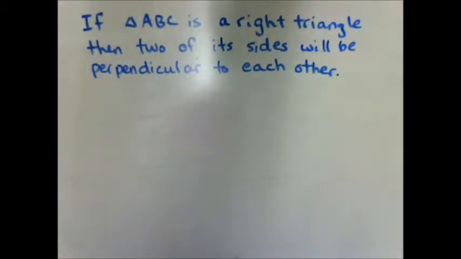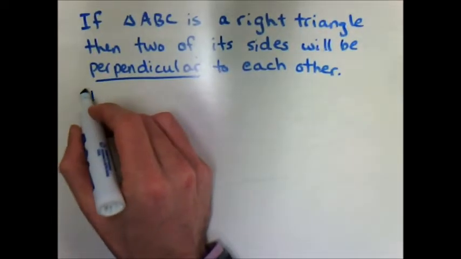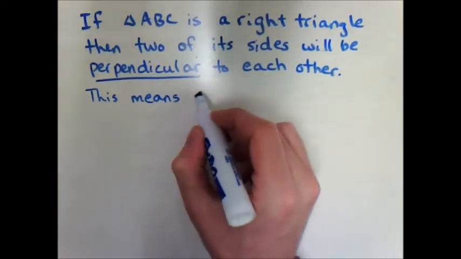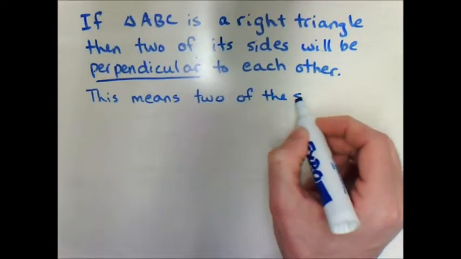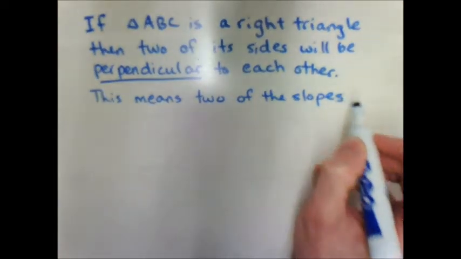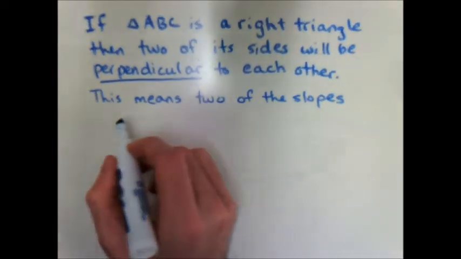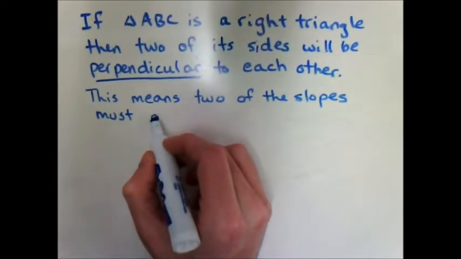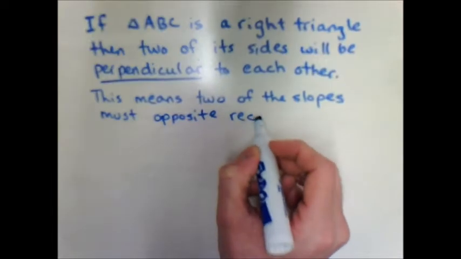So in order to determine whether the two sides are perpendicular, this means two of the slopes, so there are 3 lines in the triangle, and 2 of their slopes must be opposite reciprocals.